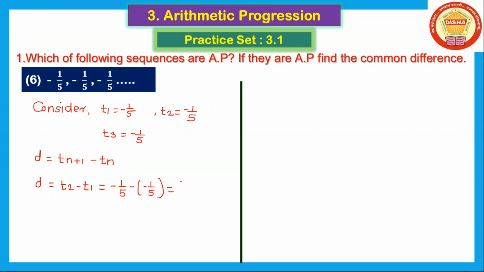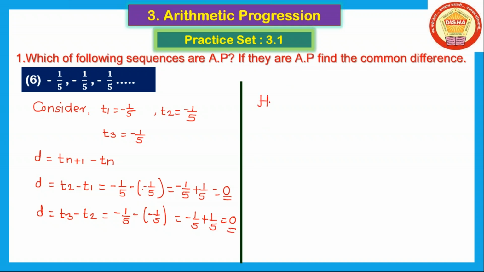Okay. Then we are taking here minus 1 upon 5. This minus minus becomes plus 1 upon 5. See, addition of two opposite numbers, and this addition is 0. Okay. Again we find D is equal to T3 minus T2. We put minus 1 upon 5 minus again minus 1 upon 5, which is equal to minus 1 upon 5, minus minus plus 1 upon 5, which is equal to 0. Okay. Three terms are given, means we find here two differences, and both differences are 0, means it is constant.